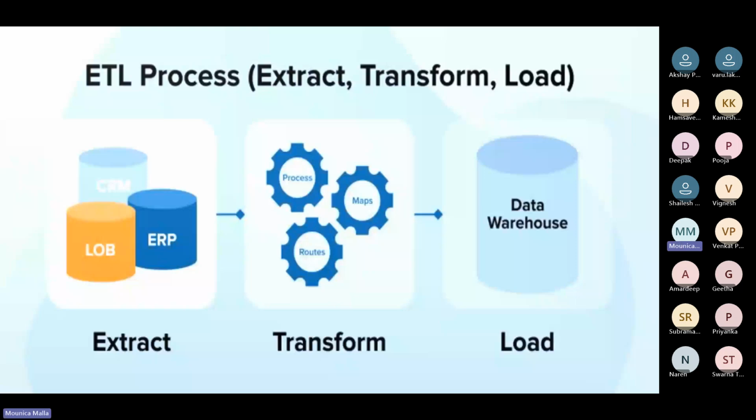From which table to which table, the data must flow. So it is nothing but a data flow from one source to another. Maps and process. Maps are the link. For example, from table A, the data is moving to the target table.